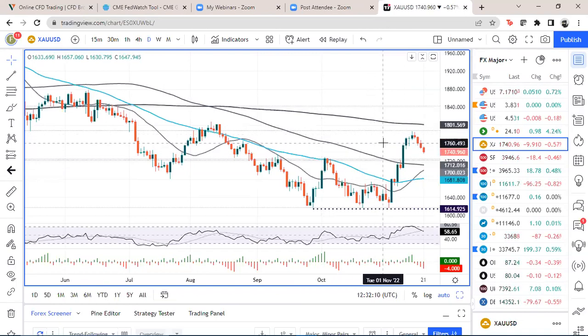So potentially, if we see long liquidation from some of these funds, then we get more downside to come. So that's something to bear in mind. Also, during the same period, holdings in bullion-backed ETFs continue to drop. So that doesn't signal much appetite from longer-term focused investors to get involved in this uptrend that we've seen.